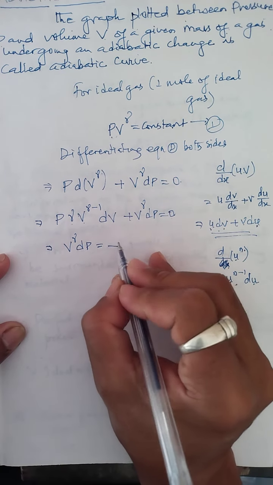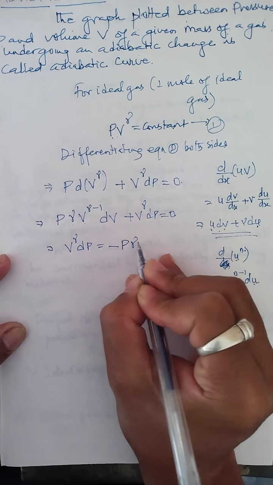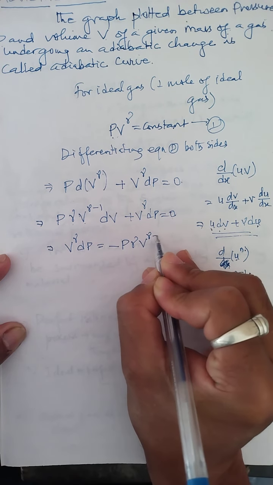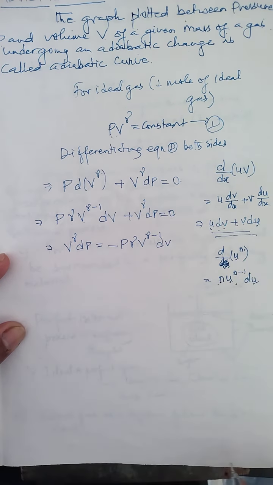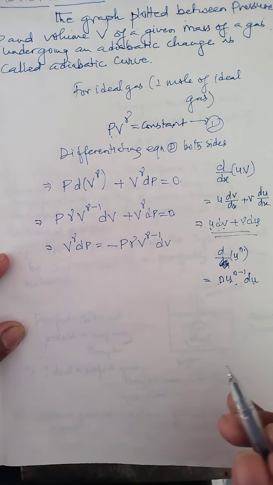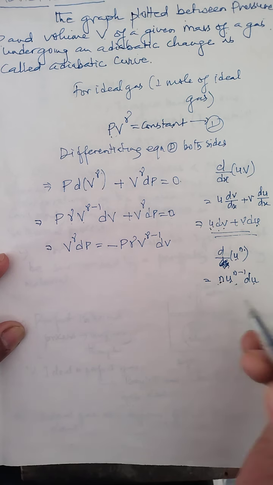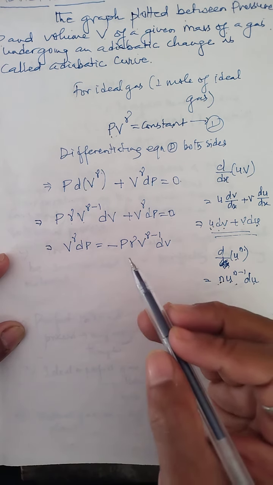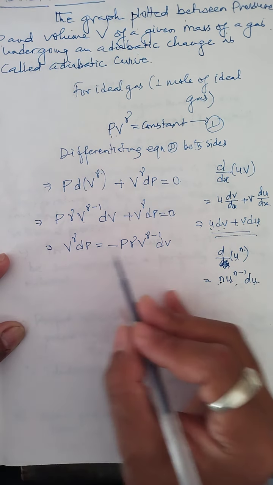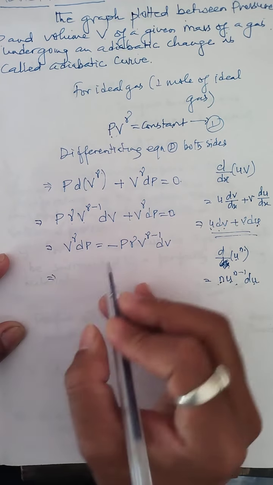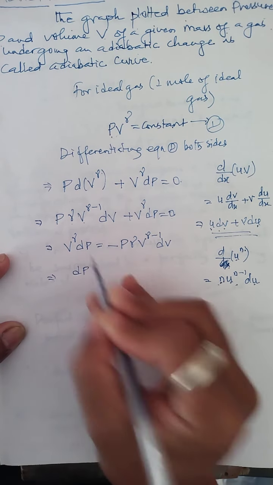It will be minus P gamma V to the power gamma minus 1 dV. Now from this curve, we measure the slope, and the slope of this P and V graph is always given by dP by dV. So in this case, dP is already there on the left hand side.